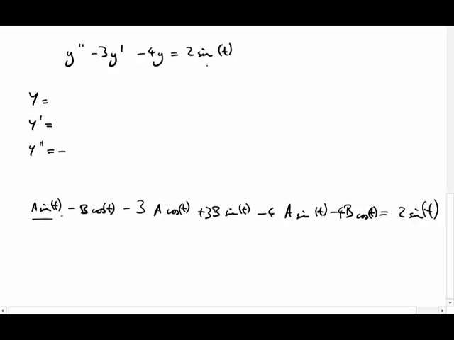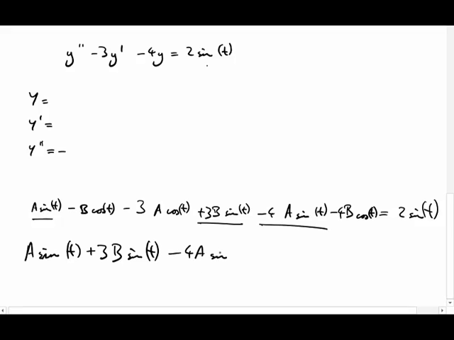So we've got a sine t there, a sine t there, that's cos, plus 3b sine t there. And then we've got minus 4a sine t there. And that's all got to be equal to the thing involving sine on the right hand side, so 2 sine t.